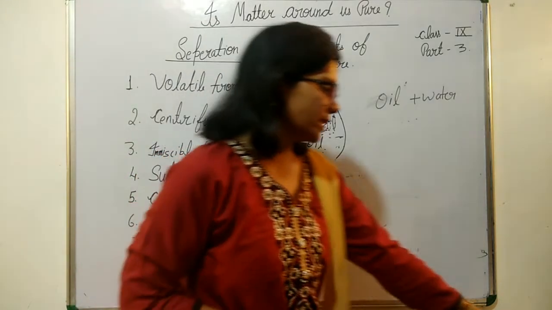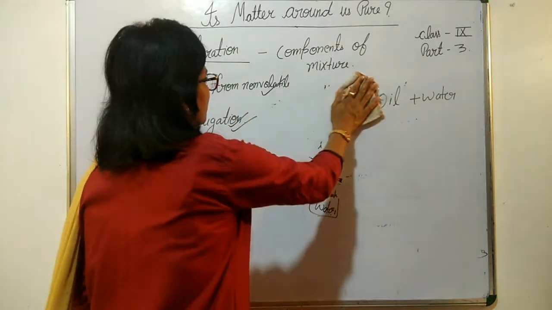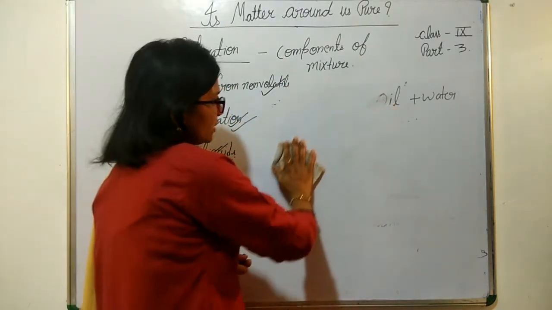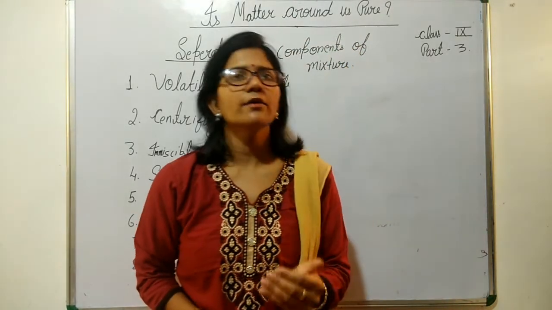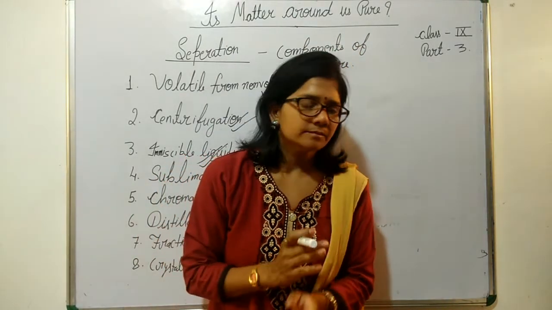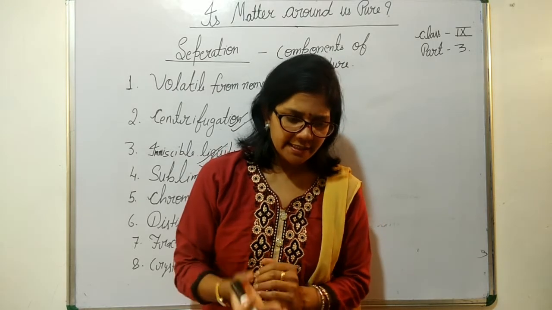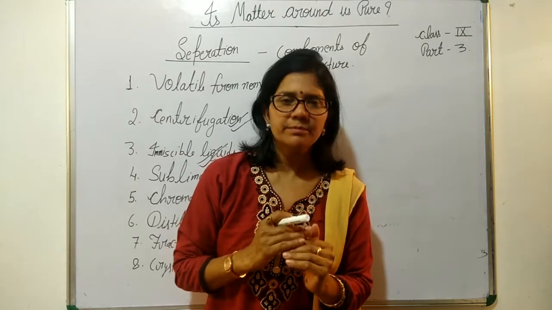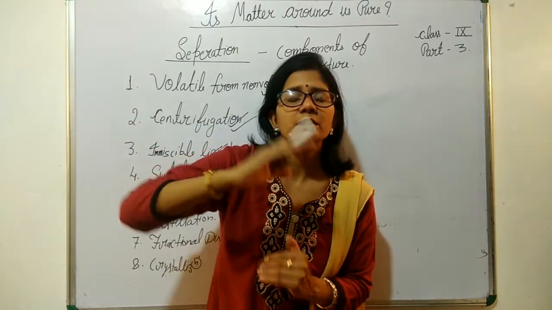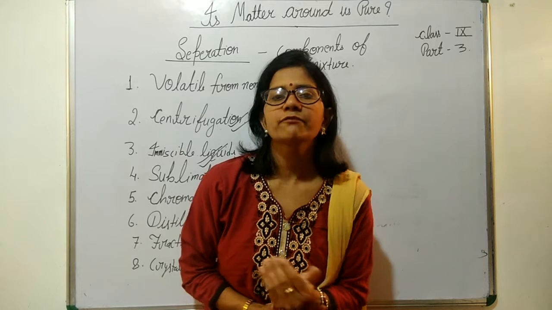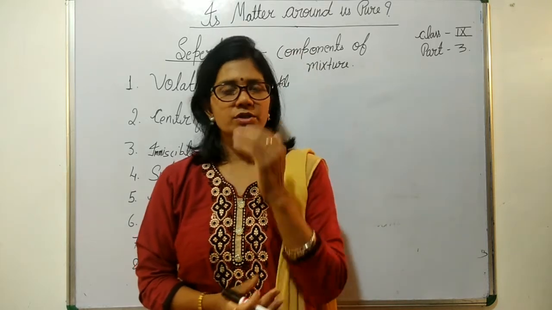Now let's see how we use the method of sublimation. In a previous chapter we discussed the meaning of sublimation. If we increase the temperature of a solid and it directly turns into the gaseous form without changing into liquid form, it is known as sublimation.